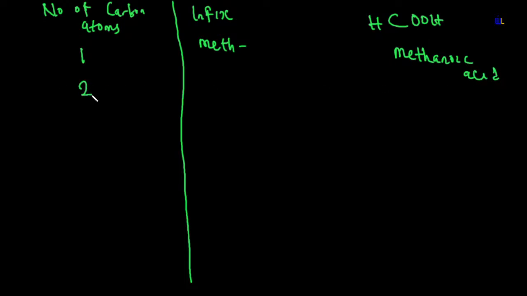If I have two carbon atoms in the chain, it is eth. So when I have CH3COOH, how many carbon atoms do I have here? 2. So what do you think is going to be the name of this compound? Anyaku, I guess you are still with me. Onyekachi, what is going to be the name of this organic compound?